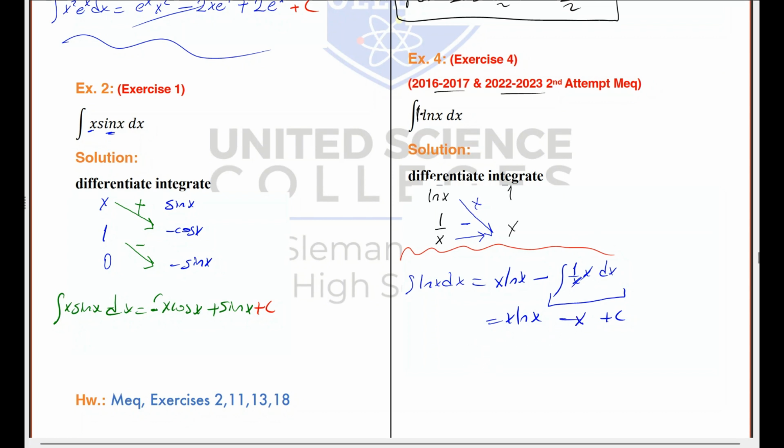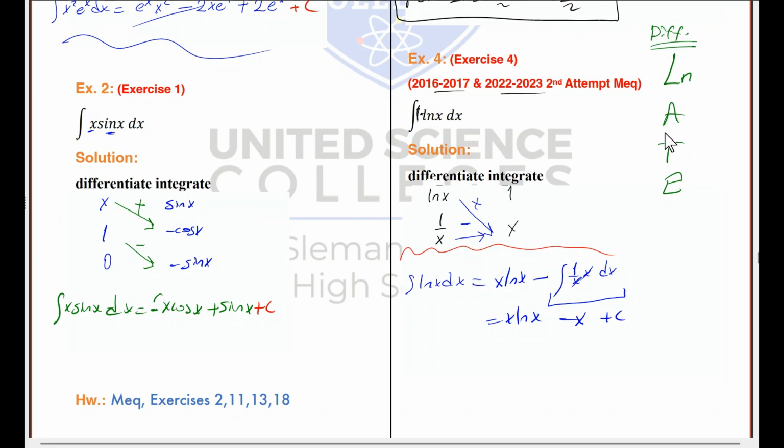So here we can use a hack way to identify which function to differentiate easily. Late. What does that mean? If there is an ln function in the question, you can use this ln function to differentiate. If there is no ln, algebraic function, like cubic functions, like quadratic, like polynomial functions, we use this algebraic function to differentiate.